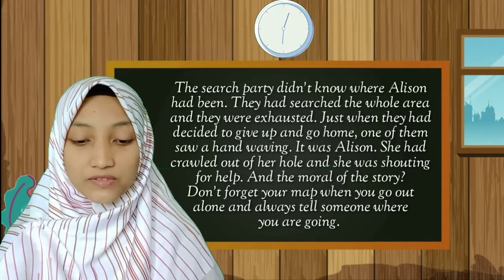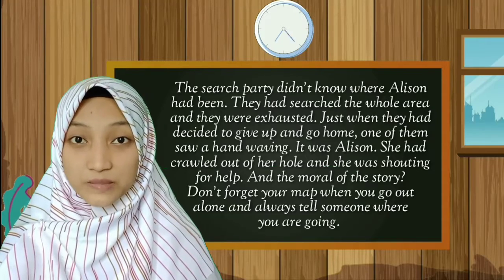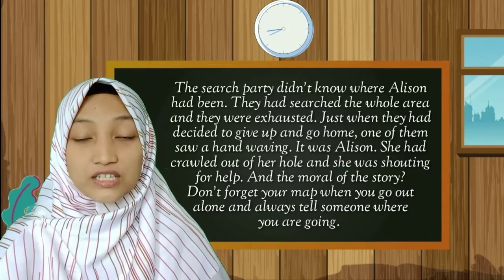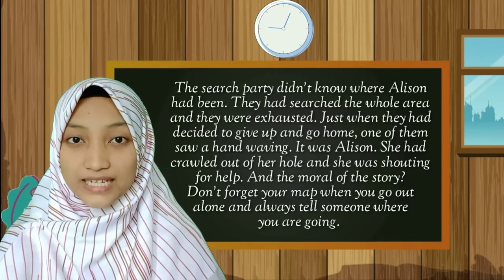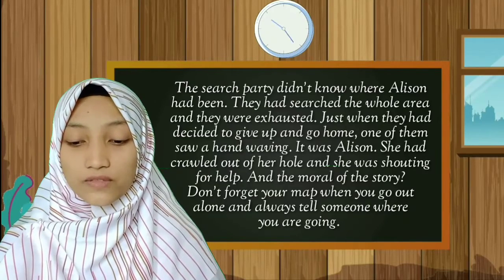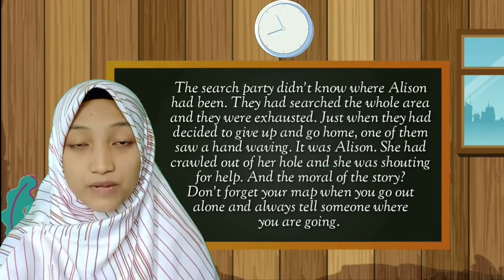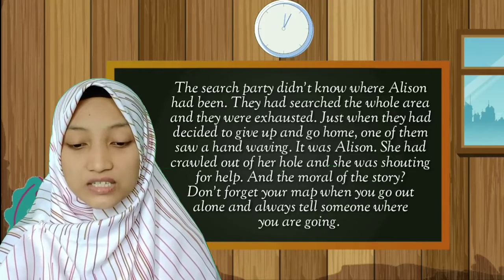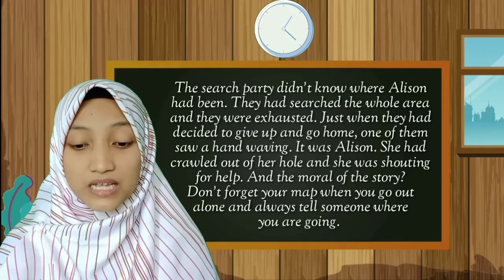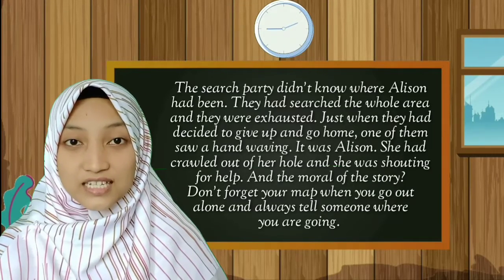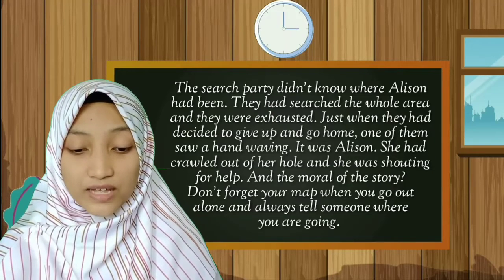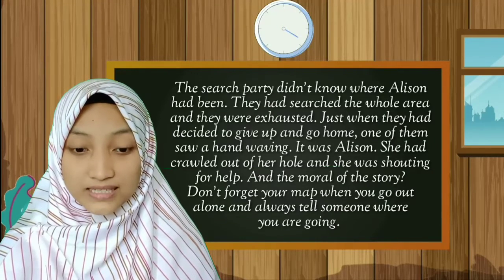The sentence "The search party didn't know" is past simple tense. "Alison had been" is past perfect tense. "They had searched the whole area" is past perfect tense. "They were exhausted" is past simple tense. "They had decided to give up" is past perfect tense.